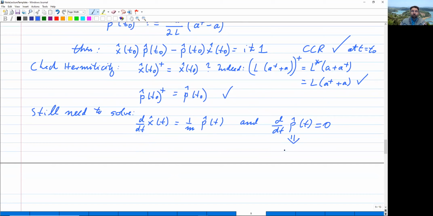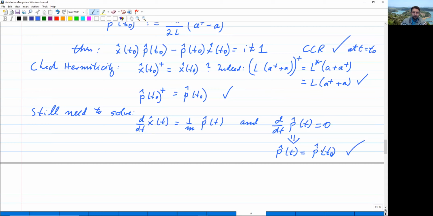This equation of motion we start with, because what we find is that p hat of t equal to p hat of t naught fits the bill, right? Because what this equation of motion is saying is that the momentum matrix doesn't change in time. Okay, fine. So we've already solved this part here.